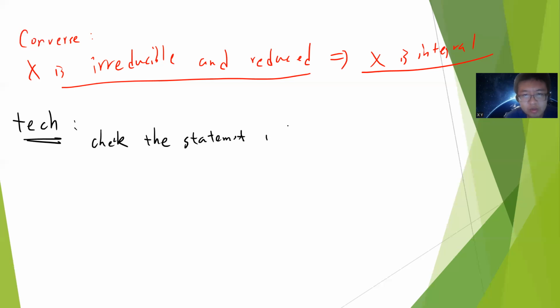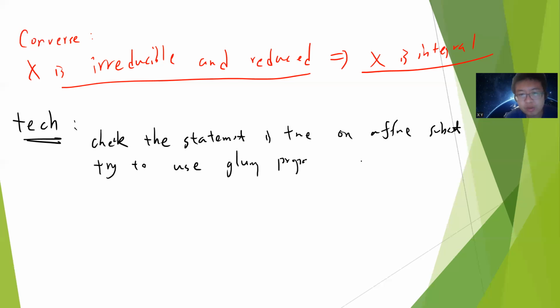You check that it's true on an affine subset, and then you try to use the gluing property, so local to global. You use the global property to prove something.